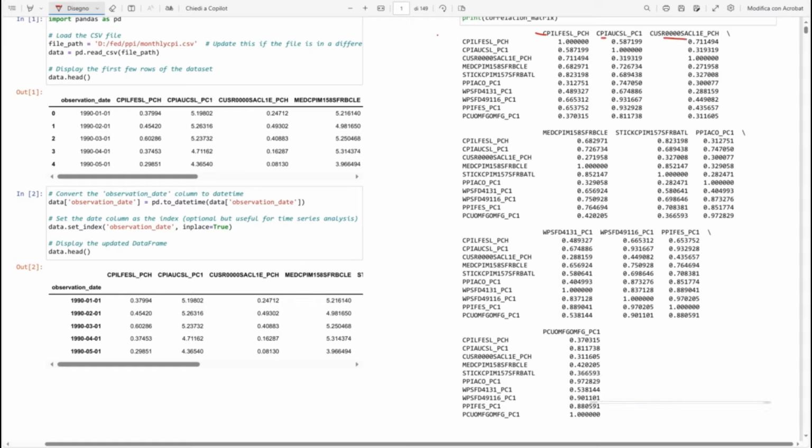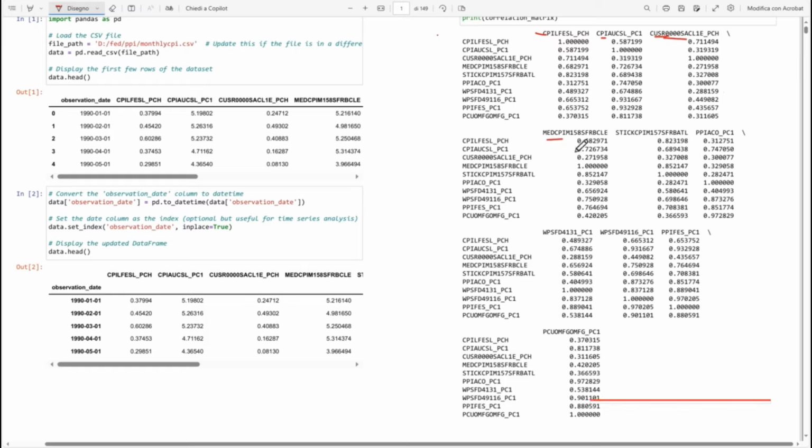This one is the consumer price index for all urban consumers, commodities less food and energy, seasonally adjusted, so it's another measure of core inflation.